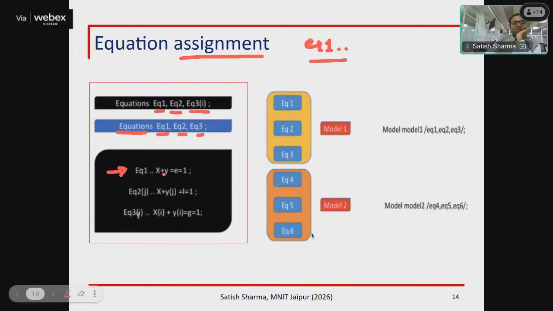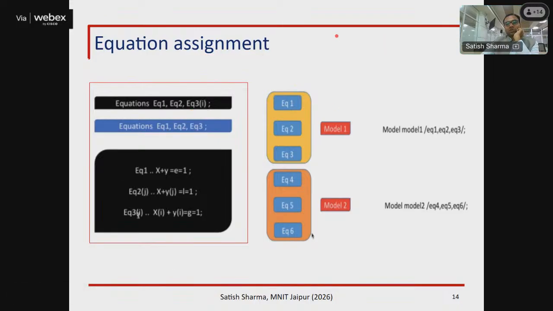So double dot, then x plus y equals 1. This equals to is written as =e=. This is the difference between the standard equals to and the GAMS equals to.